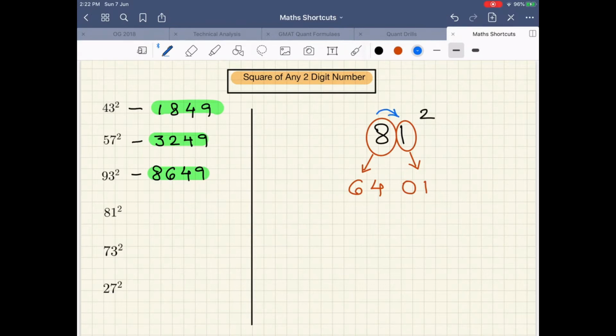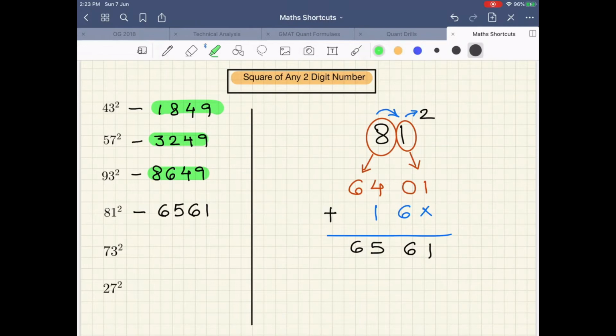Then 8 1s are 8, 8 2s are 16. Now adding both the numbers we get 1, 6, 5, 6. So the answer is 6561.